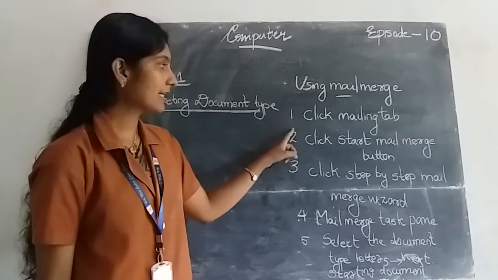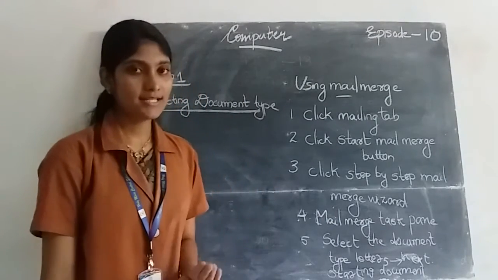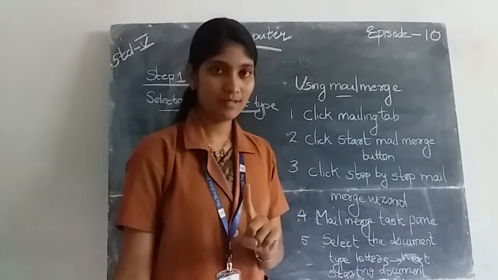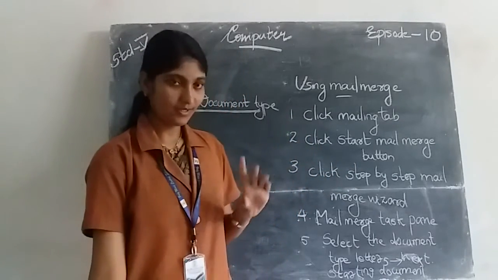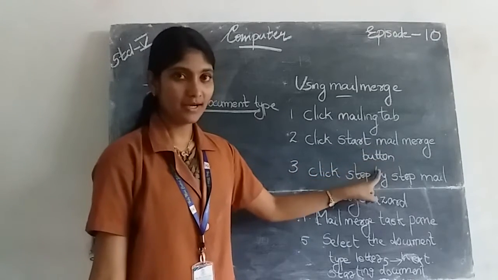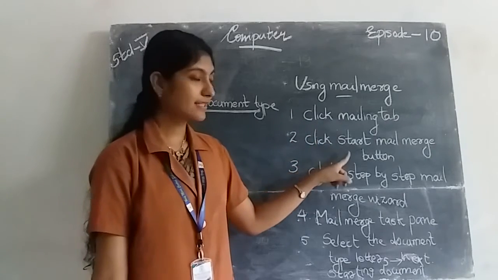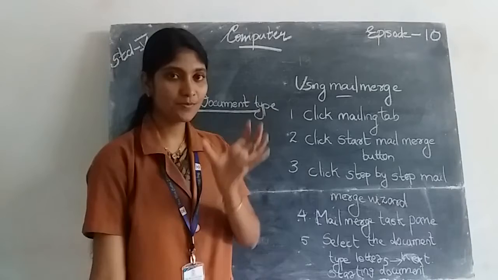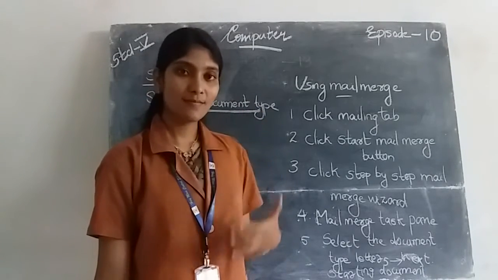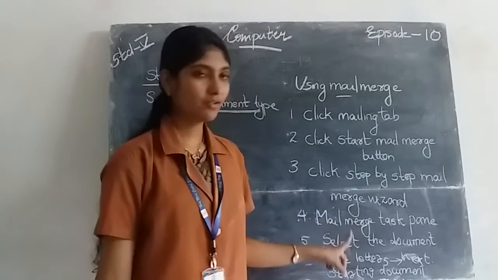The first step is selecting the document type. Click the mailing tab. Then second, click the start mail merge button. Third step, when we click the start mail merge button, a pop-up menu appears, and among those options click step by step mail merge wizard.